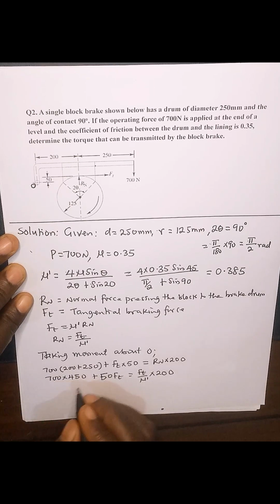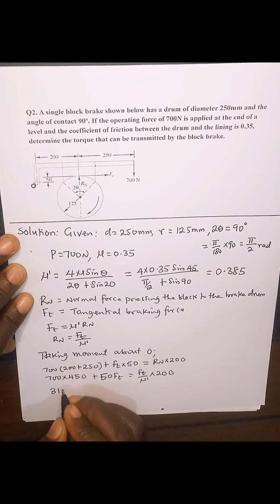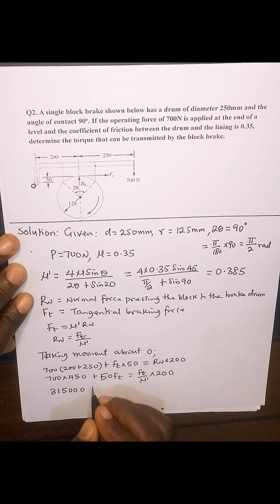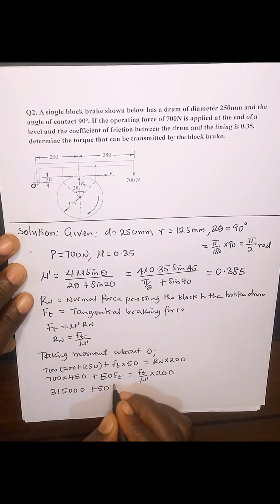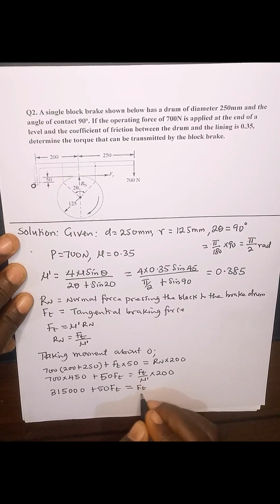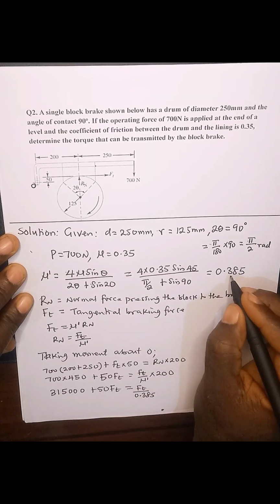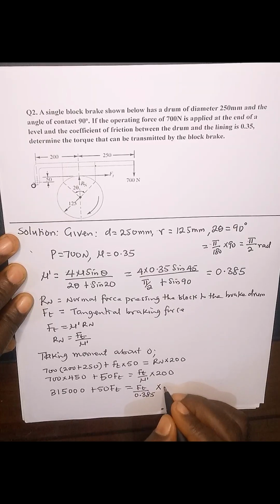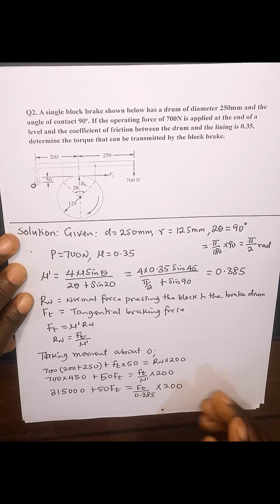Then 700 times 450 will give us 315,000, then plus 50 Ft is equal to Ft over mu prime, which is 0.385 that we have calculated here, then multiply by 200.